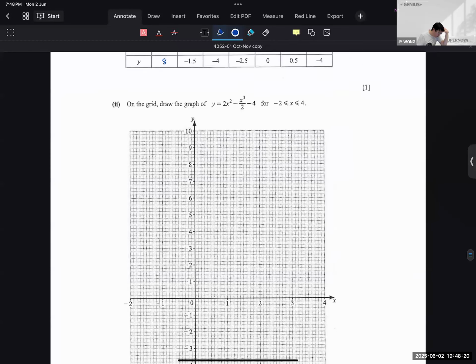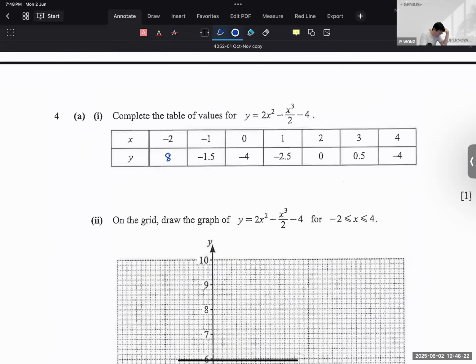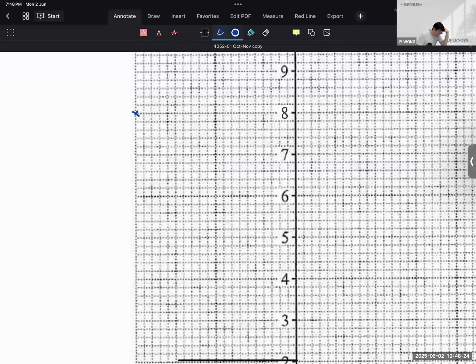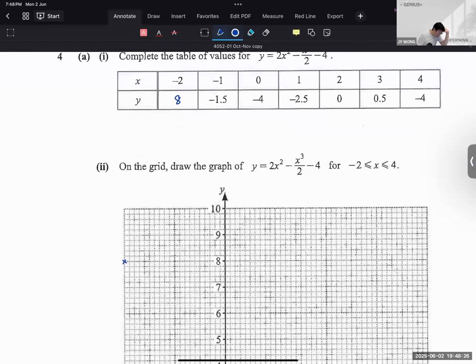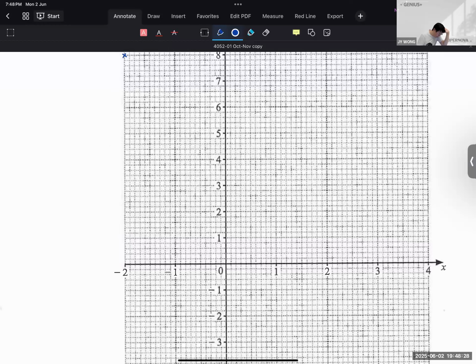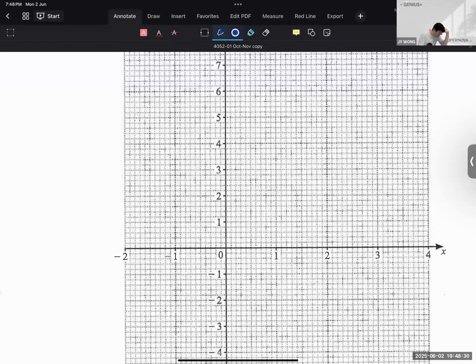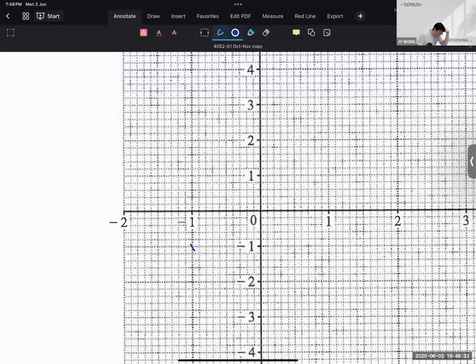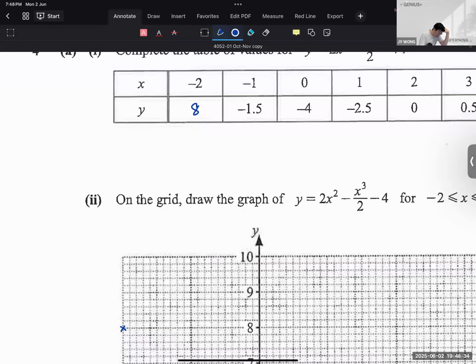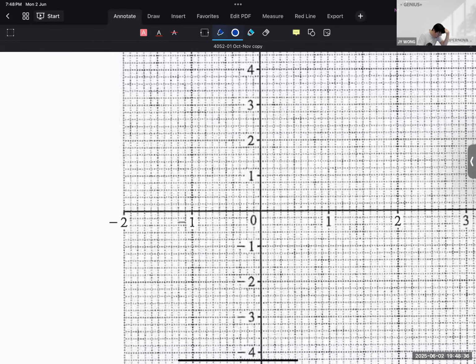So when x is -2, y is 8. So this is the point. When x is -1, y is -1. There is one drastic drop. When x is -1, y is -1.5. Not even 1.5, 1, 2, 3, 4, 5. So it's exactly in the middle here, so you have to mark exactly in the middle.